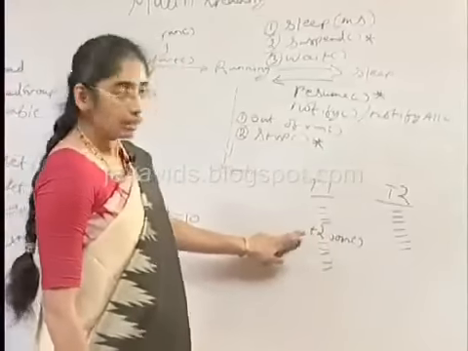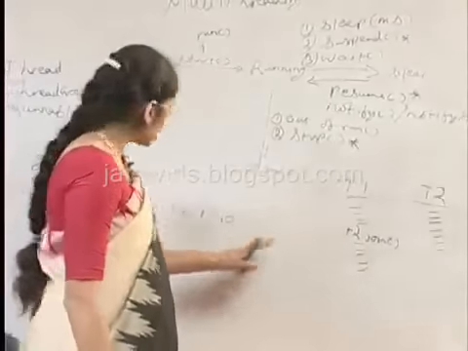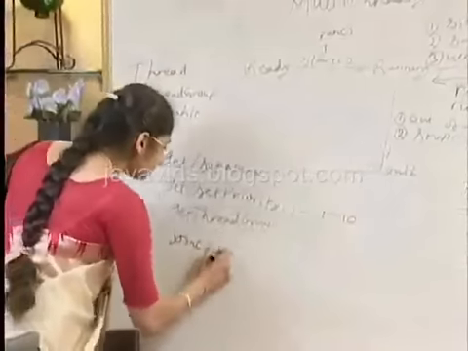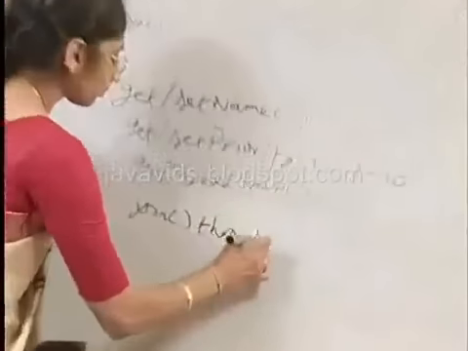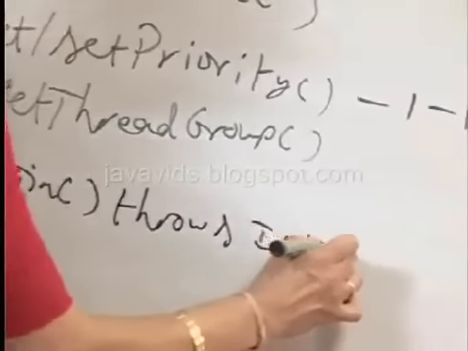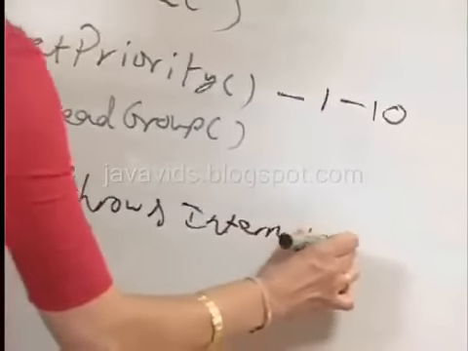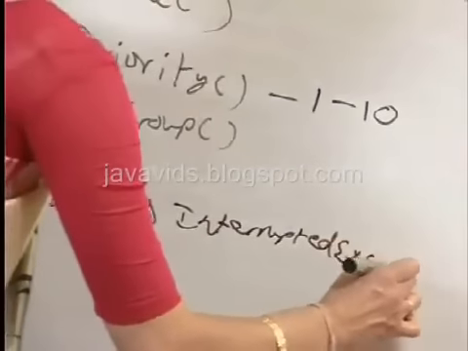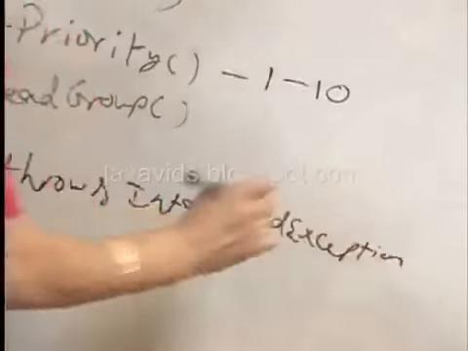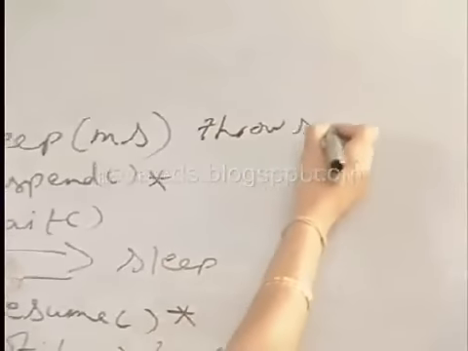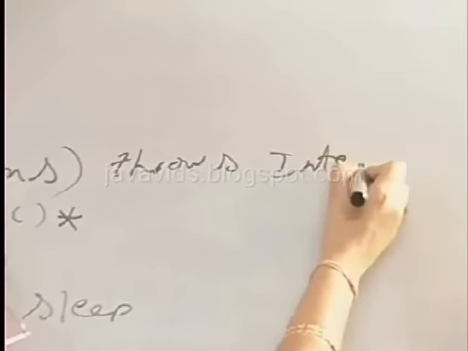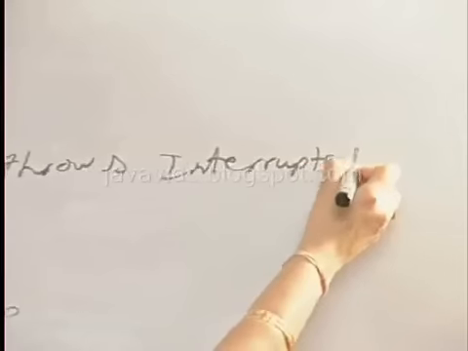This join method throws InterruptedException. Similarly, even the sleep method throws InterruptedException.